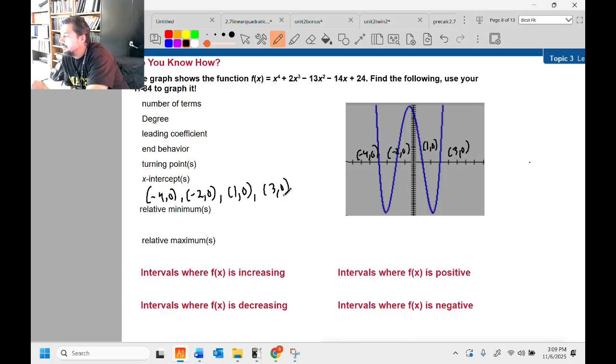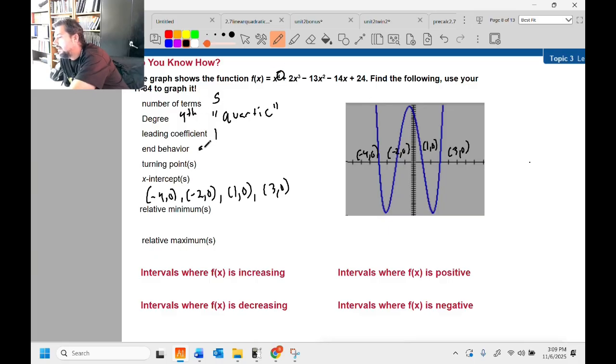But anyways, the number of terms here is simple: 1, 2, 3, 4, 5. Remember, poly means many. The degree is four, and we call that a quartic. We don't call it a quadrant, we call it a quartic. The leading coefficient is 1. The end behavior is functioning just like an x to the even would.